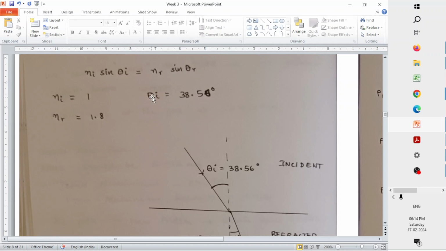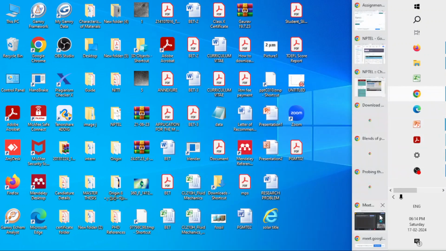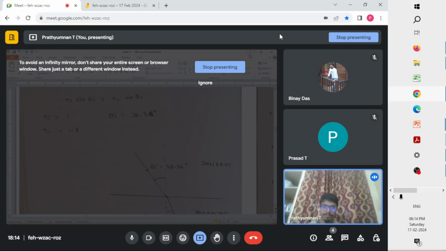This is a very elementary equation, like a 10th class equation: Ni sin theta I equals Nr sin theta R. I guess everybody will be able to calculate the value of theta R. It's simple: 1 times sine of 38.56 is equal to 1.8 times sine of theta R, and then if you take that 1.8 to this side and do the sine inverse, you will get the value of theta R.